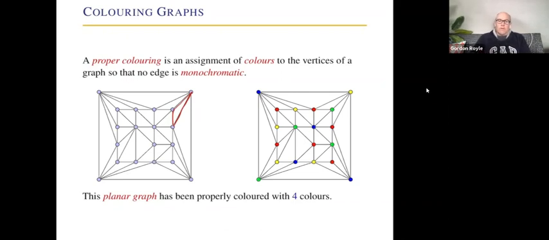So this kind of graph is called a triangulation of a square. Now, I've colored it on the right here with 4 colors. To be a proper coloring, the vertices at the ends of each edge must be differently colored. So if I take any edge at all and look at its 2 ends, I must see 2 different colors. So there's a green-blue edge and so on.